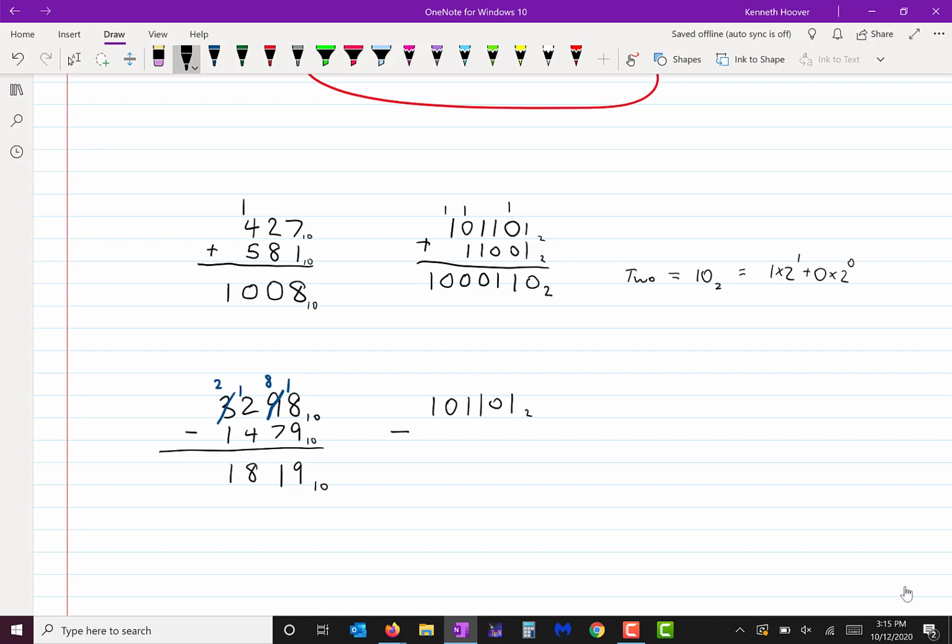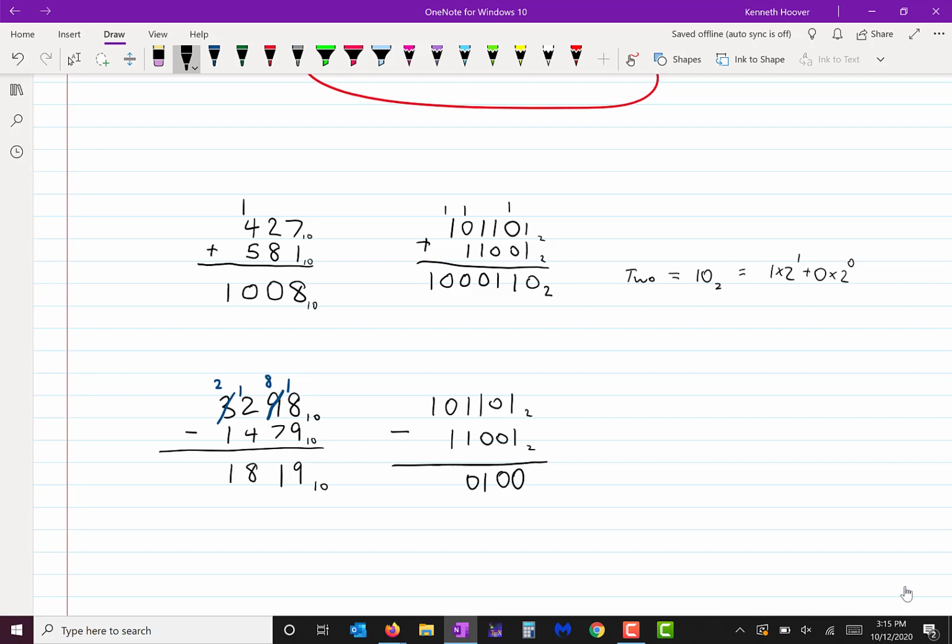We're going to subtract 1, 1, 0, 0, 1. Okay, so first column, 1 minus 1, that's 0. Second column, 0 minus 0, that's 0. Next column, 1 minus 0, that's 1. Next column, 1 minus 1 is 0.